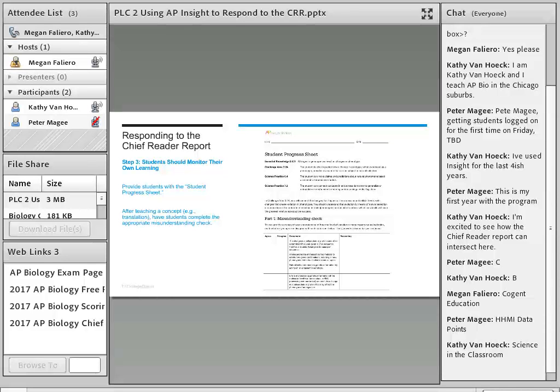Step 3 in figuring out how to respond to a chief reader report is students monitoring their own learning. I could spend an hour talking about metacognitive reflection and how to teach students to be metacognitive. That is a really big thing for me. So these student progress sheets, I love them.